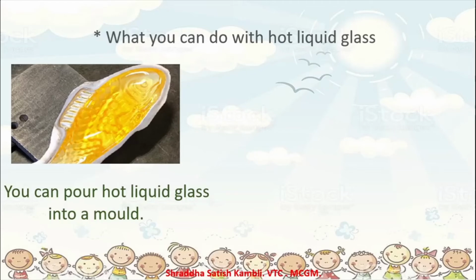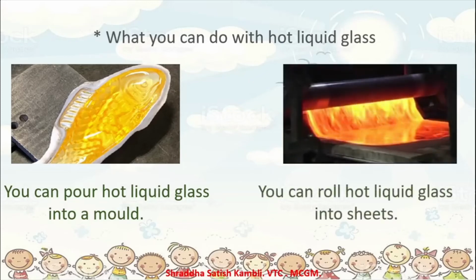Alright, what else can you do with hot liquid glass? We can also roll hot liquid glass into sheets. You have sheets of glass. See, the window pane is made up of a sheet of glass. So how do you get the sheet of glass? You roll out the hot liquid glass, like your mummy rolls out chapatis.